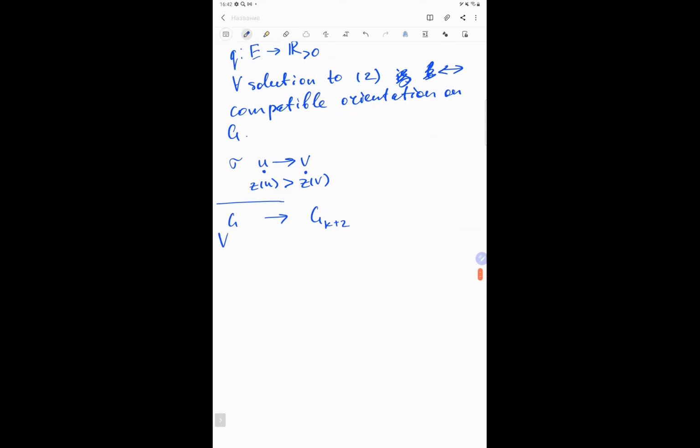Graph G has no boundary vertices, and we add K plus 2 boundary vertices to G, and every boundary vertex is connected to every interior vertex.